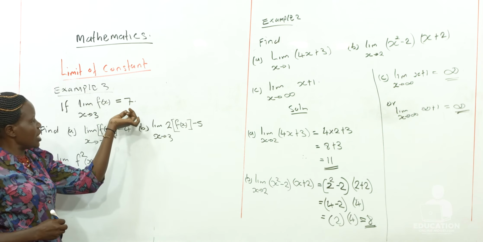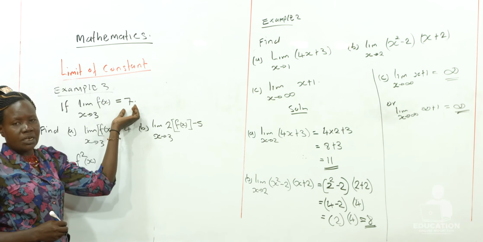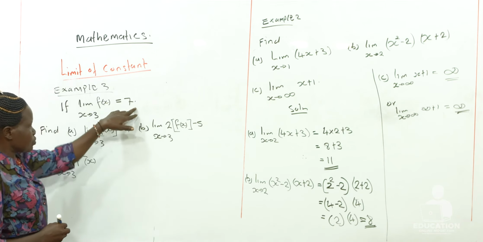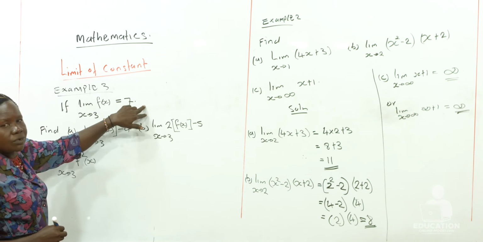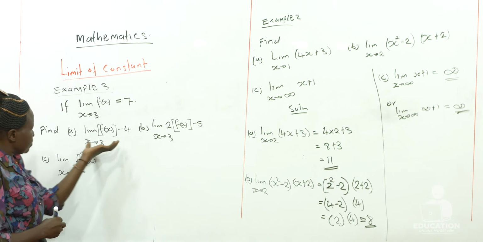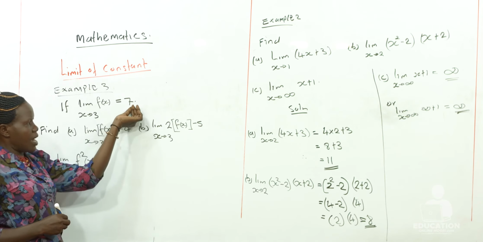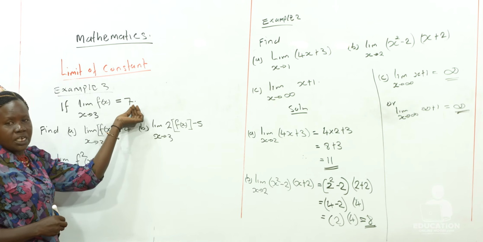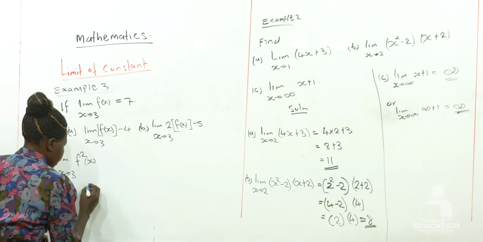Is it linear, or quadratic, or a constant function? For this case, we find that our function here is a constant one. It does not carry any variable. Therefore, if we are going to attempt these questions, you have to go hand in hand with what is given to you. So we come to our solution.